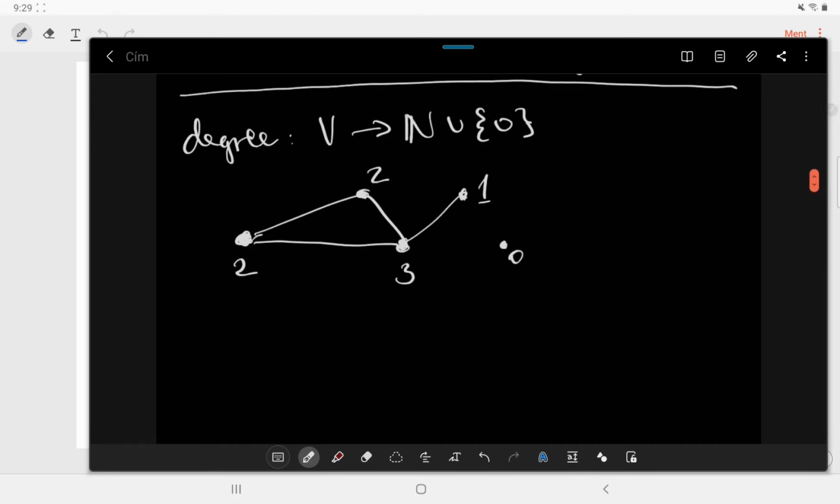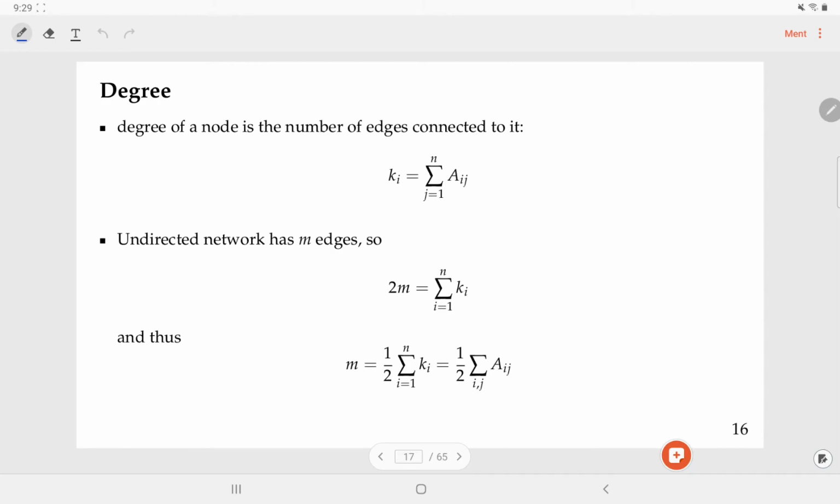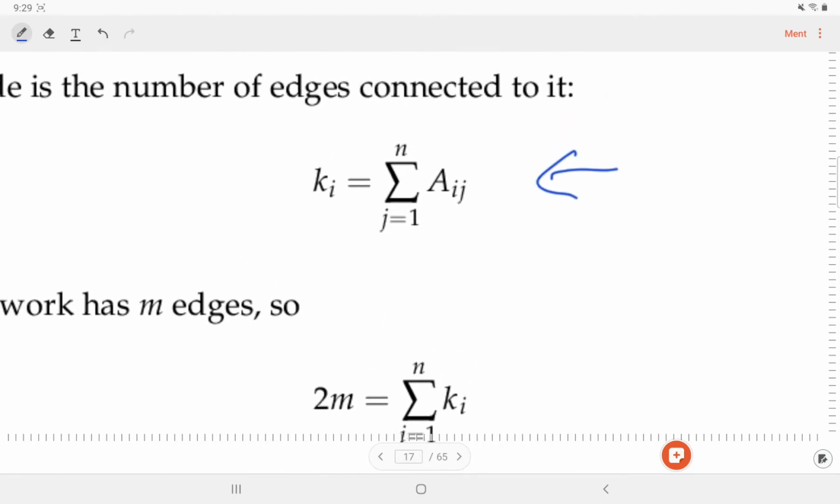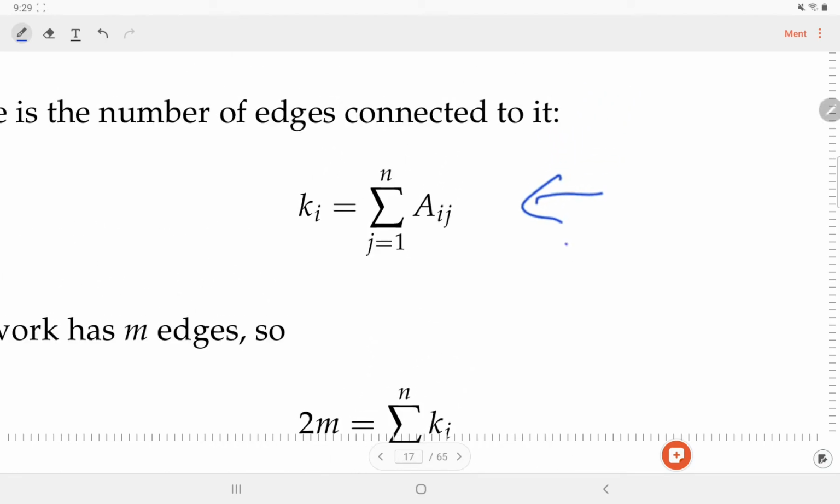Now, if we check the slides, we can see that the definition is given with the usage of the adjacency matrix. We take the adjacency matrix, which is always a square matrix.